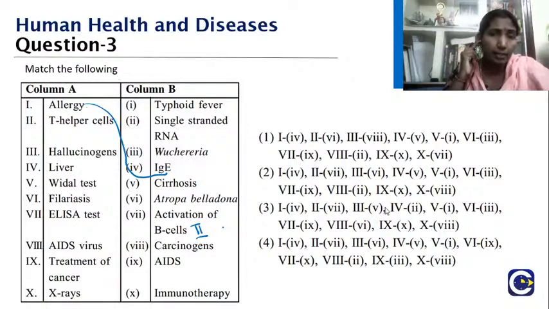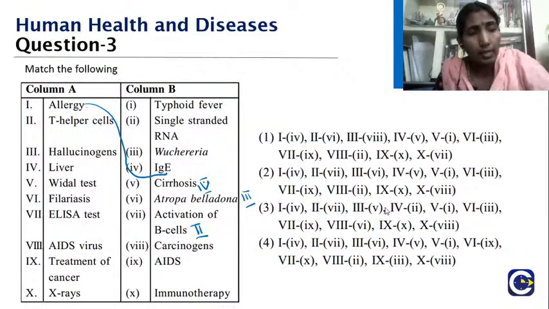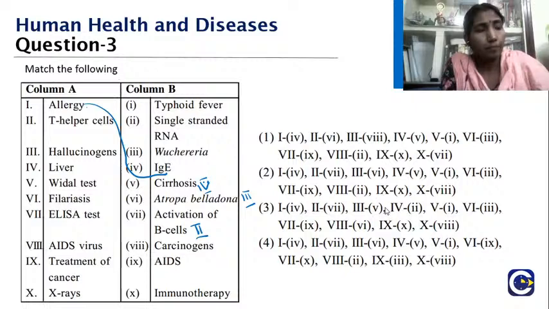Then we have the hallucinogens. What hallucinogens do we have to know? It is Atropa belladonna, right? Yes. What about the liver? The liver is always with cirrhosis.